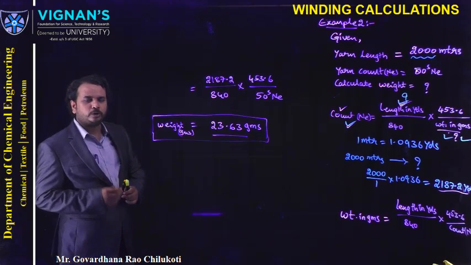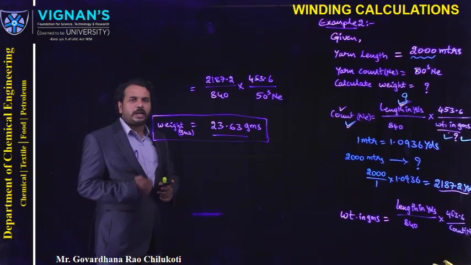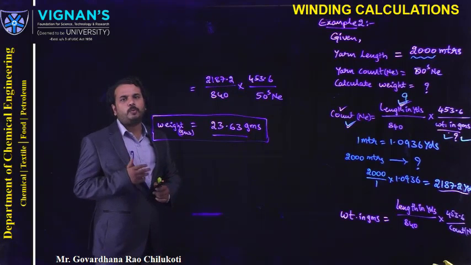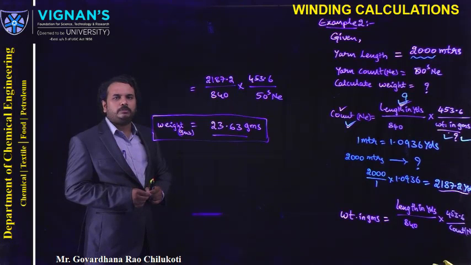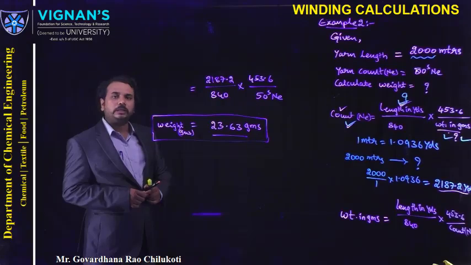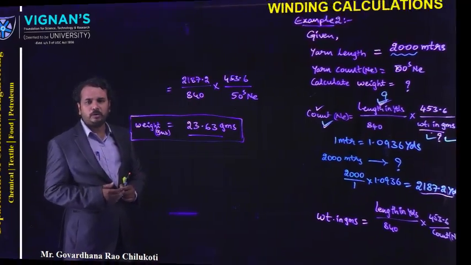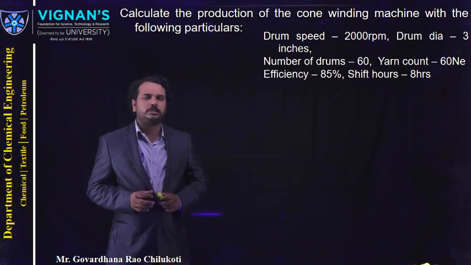Okay, so let us move into the next thing, that is winding calculations. We will see how we can calculate the production of the winding machine, one by one. Till now we have discussed the count formula.